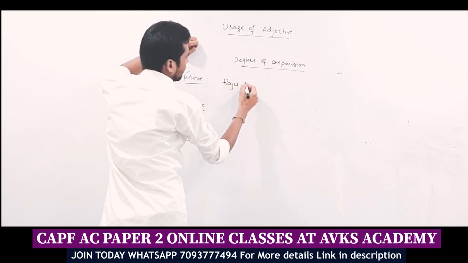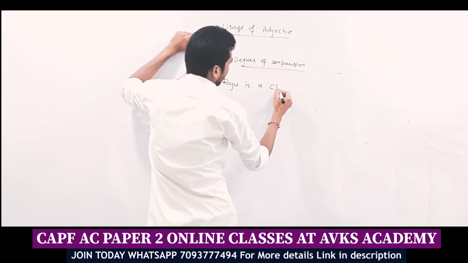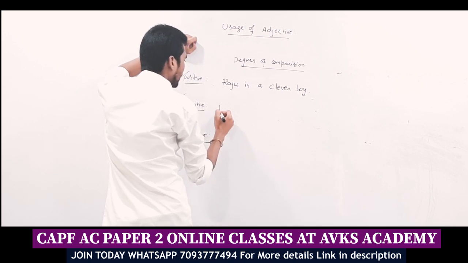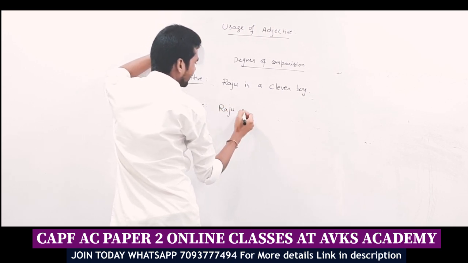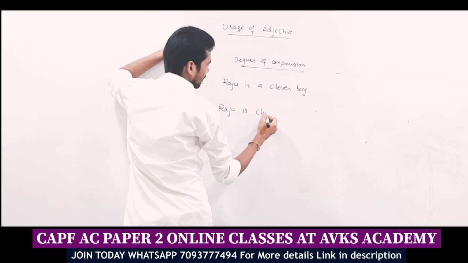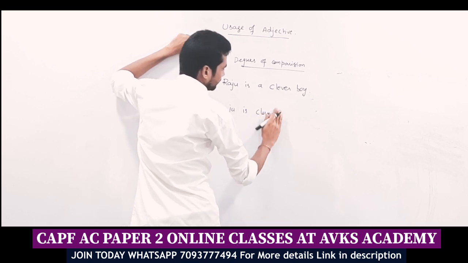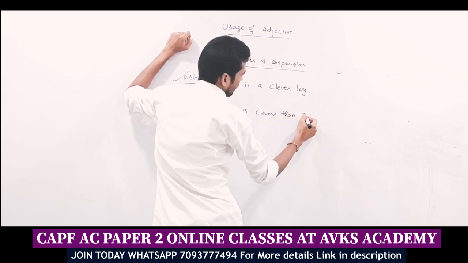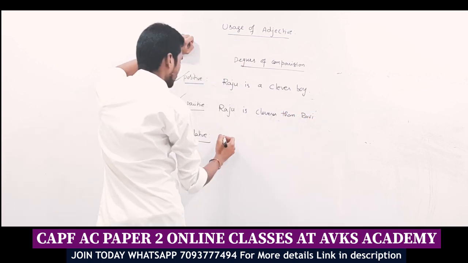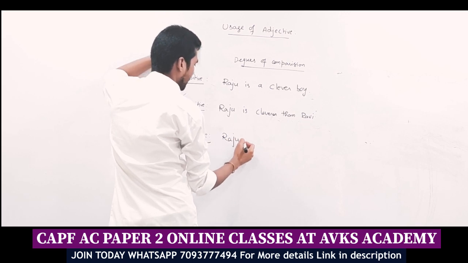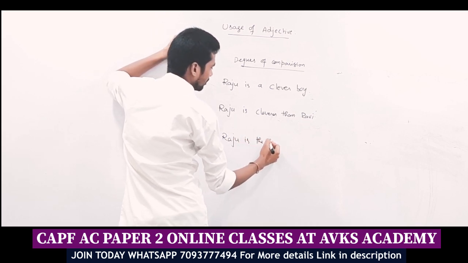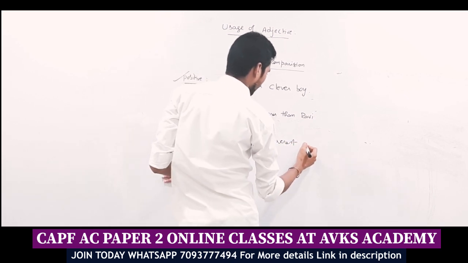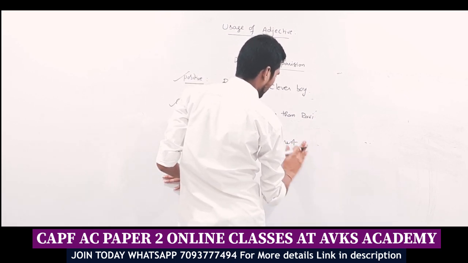Raju is a clever boy. In the comparative degree, the same thing I can write as: Raju is cleverer than Ravi. In the superlative degree: Raju is the cleverest boy in the class.